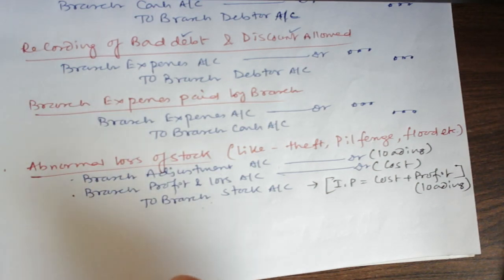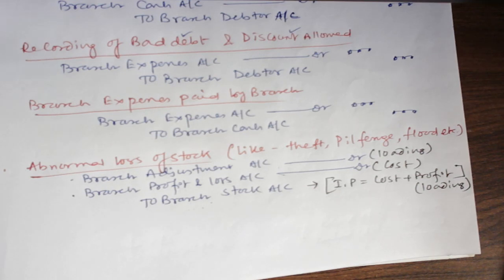Because just think, would you receive any goods at a profit from your father? Obviously father has a business and you are the customer, let's say, for the sake of argument. So the father will definitely try to give you the product at cost rather than at profit.